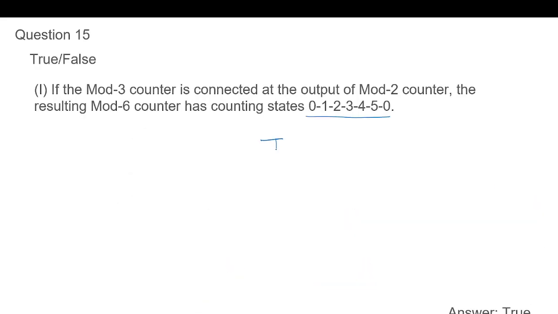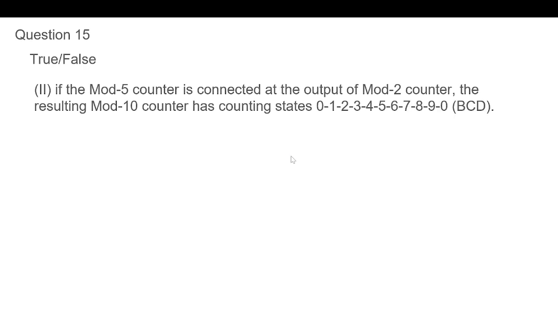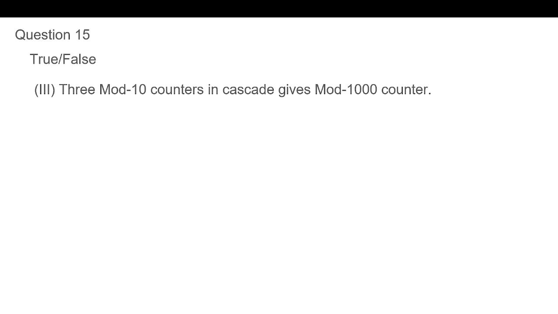So this is true. Next. If mod 5 is connected at the output of mod 2, then the resulting sequence. So this also we have seen, you can do it till the BCD counting. Next, 3 mod 10 counters cascaded, which is 1000. This also. True. Yes. So this is also true.